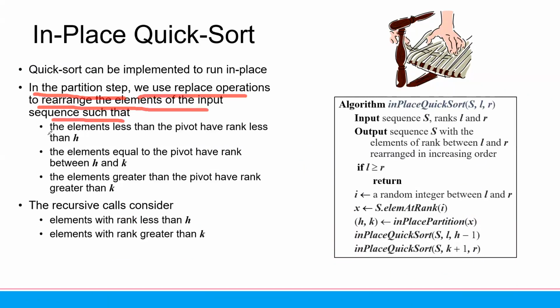We have rank L and R. If L is greater than R, then finish. Otherwise, i is a random integer between L and R, and x is the element at rank i.